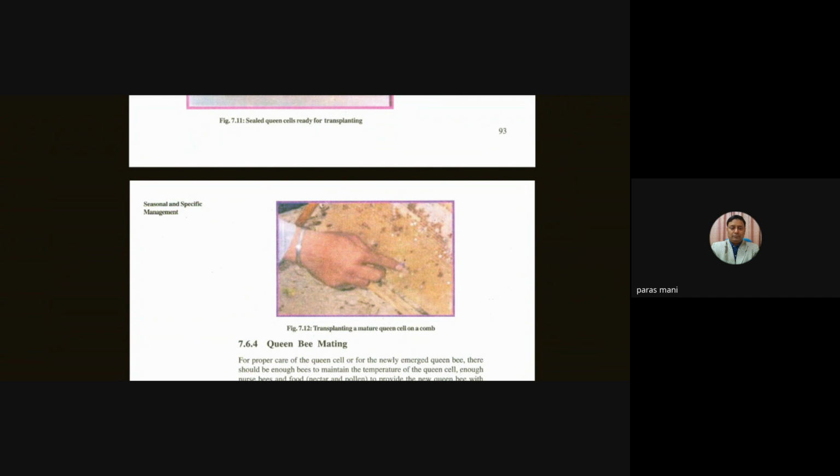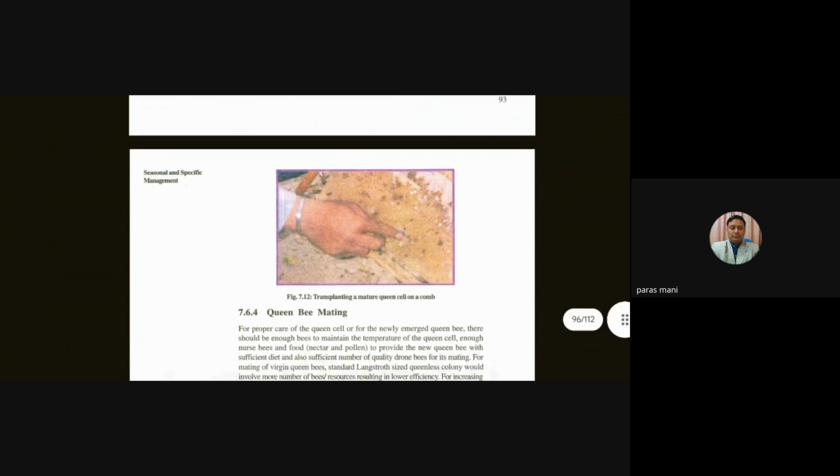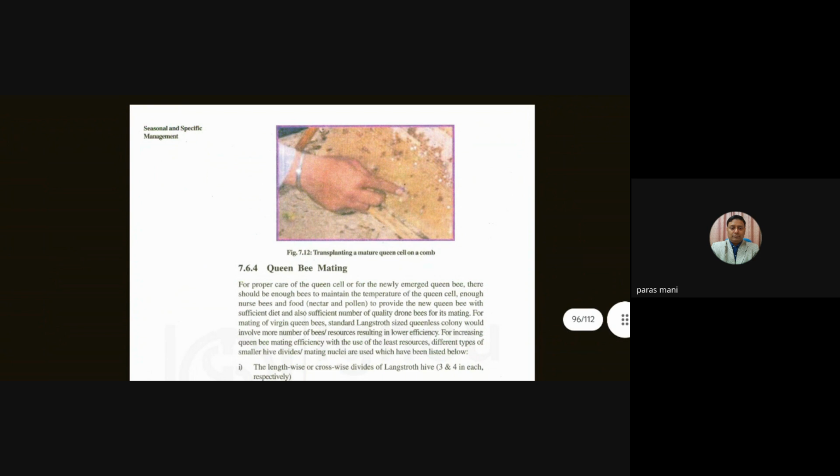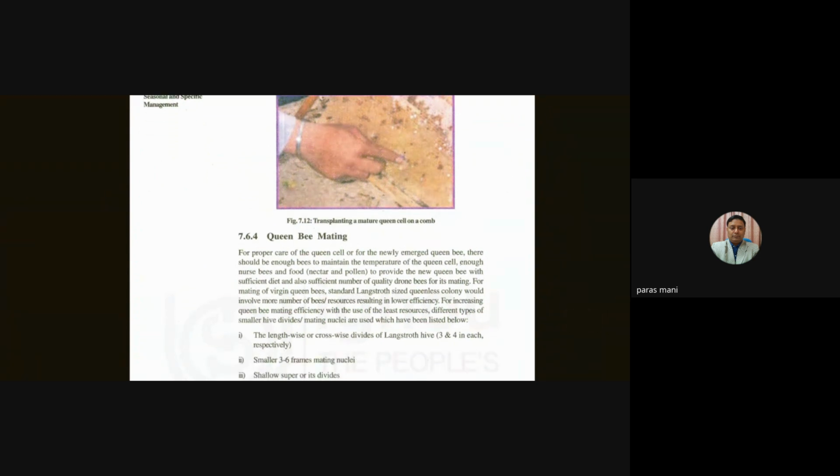We have seen different kinds of queen cells earlier in different conditions. In many conditions, usually 5 to 8, 10 queen bee cells are made in natural conditions. Though, if you allow it naturally, only 1 or 2 queens may survive in such condition, which we can exploit for transferring to the required colonies, where the queens are required.